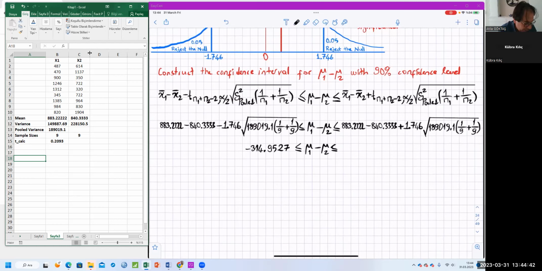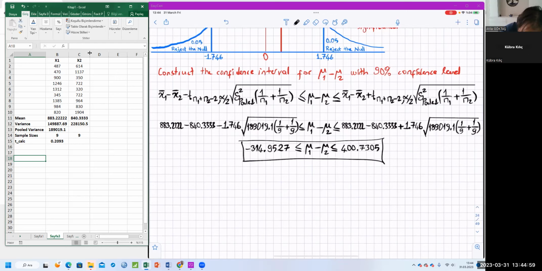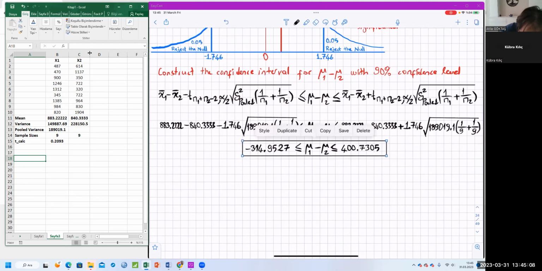And the upper bound is 400.7305. So I'll box it. That's the confidence interval. The lower bound is minus 314 and the upper bound is 400 something.